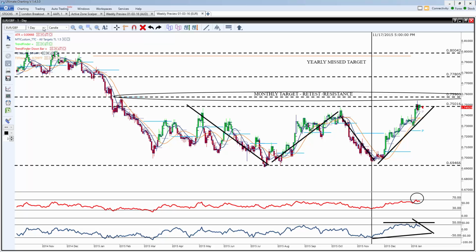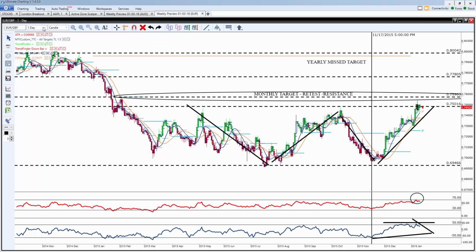Okay, if there was a monthly target, I don't think the monthly target was hit, right? No. If not, that's a pretty good bet. It's almost there anyway. Pretty good bet. Now if you want to get in, you've got to wait till maybe it bounces off this trend line with a better candlestick pattern. Then maybe that's a good long entry to aim for this here.